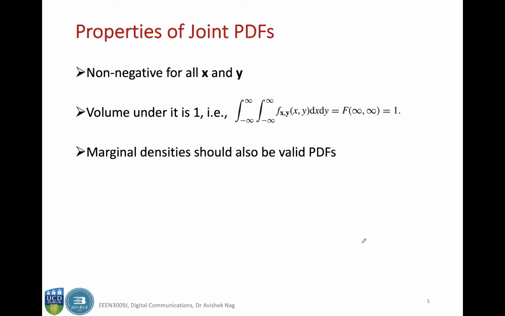So similar to single PDFs, joint PDFs have the property that they are non-negative for all values of x and y, and the total volume, or in other words the double integration of the joint PDF with respect to both the variables, will give you the value 1, because that spans the entire sample space.